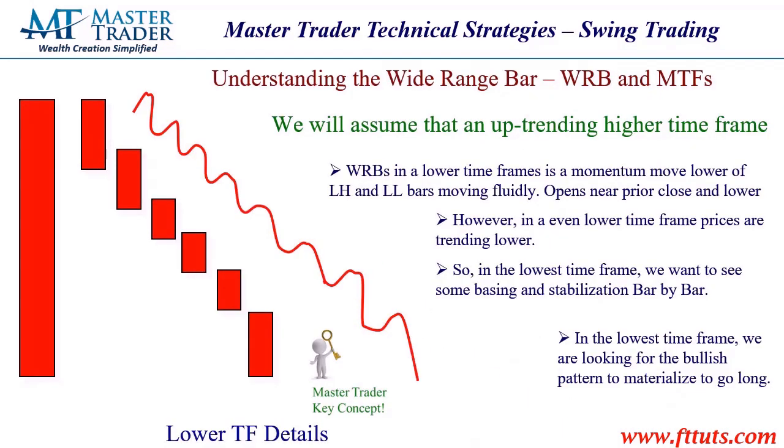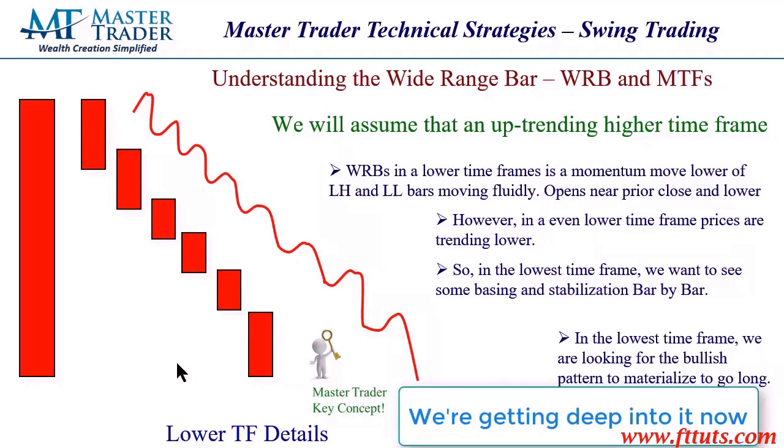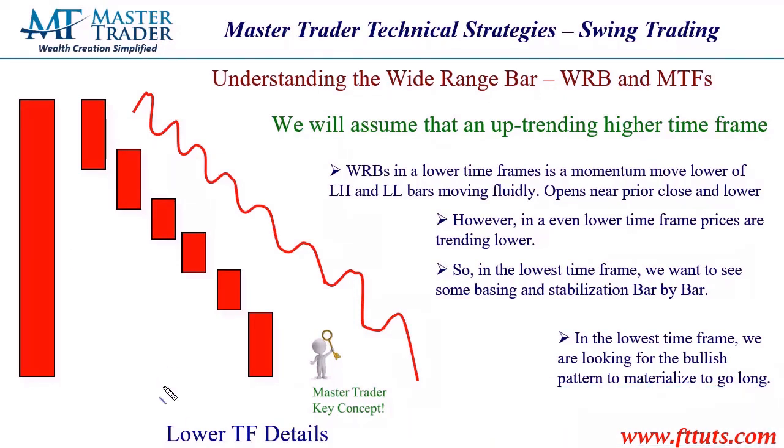Let's continue to talk about these wide range bars and multiple time frames and looking inside, where we're taking this X-ray. On this slide, we've got this wide range bar here. That's obviously one bar. We've compressed what's happened in the smaller time frames into an individual bar.